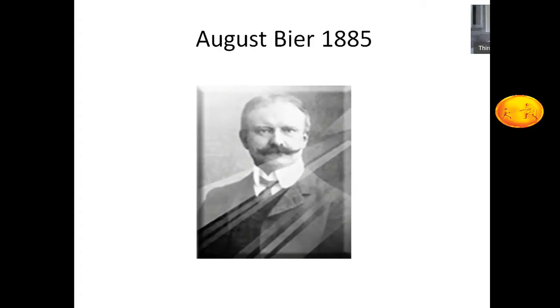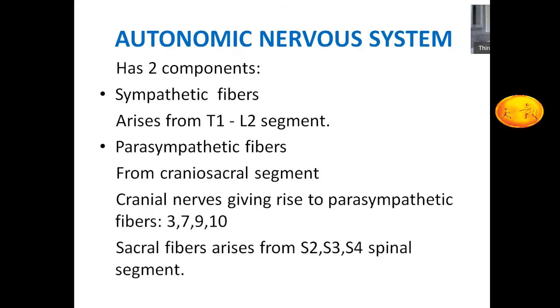August Bier in 1885 first described this technique of spinal anesthesia. He himself gave the spinal in his own spinal column and experienced the various effects on him.